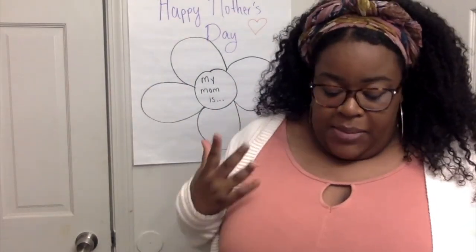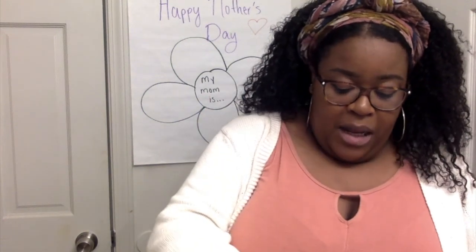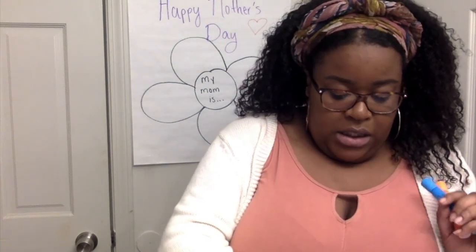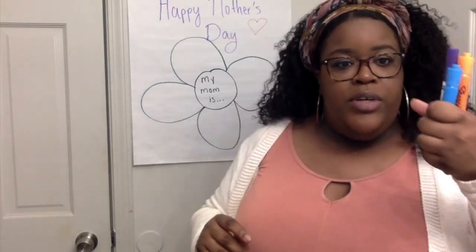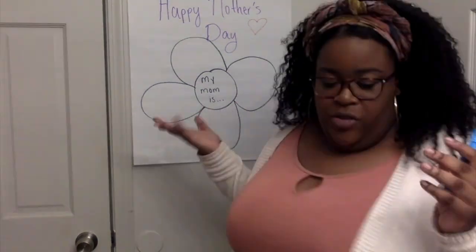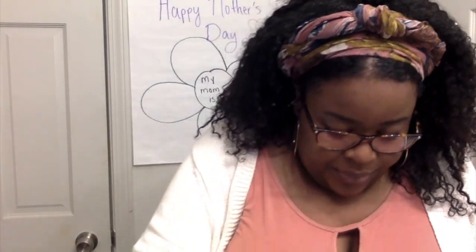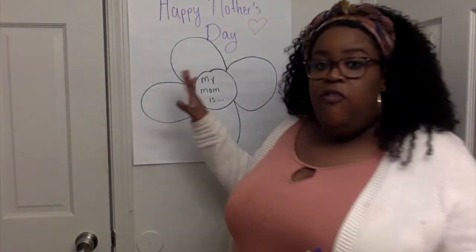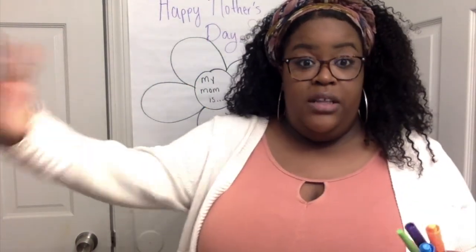All right. Now here comes the fun part where we get to really think about our moms and how special they are to us. So I'm going to take a few different color markers for my mom. I'm going to do these 3 colors. Or I might as well do 4 since I have 4 petals. So I have 4 different color markers, and I'm going to think about 4 adjectives that describe my mother. Because remember, this is the gift we're giving to them.